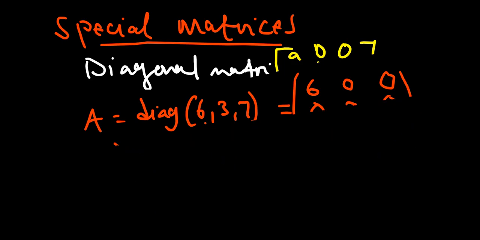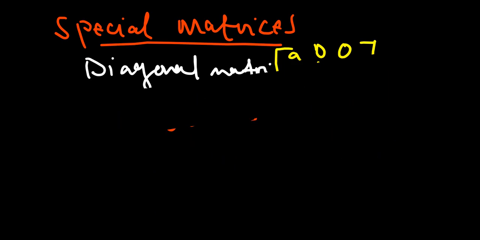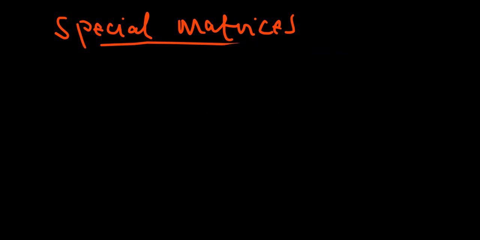All right, and then the next one is the identity matrix. The identity matrix acts as a 1 when we talk about matrices.